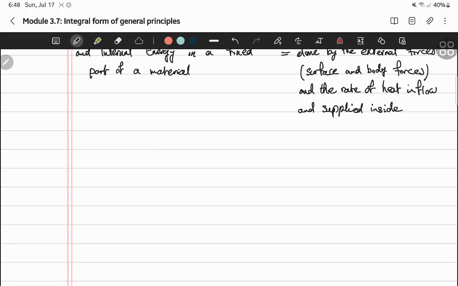So in mathematical format, we have the material derivative of the summation of the kinetic energy plus u, the internal energy, dV over Vm, is equal to the surface forces.